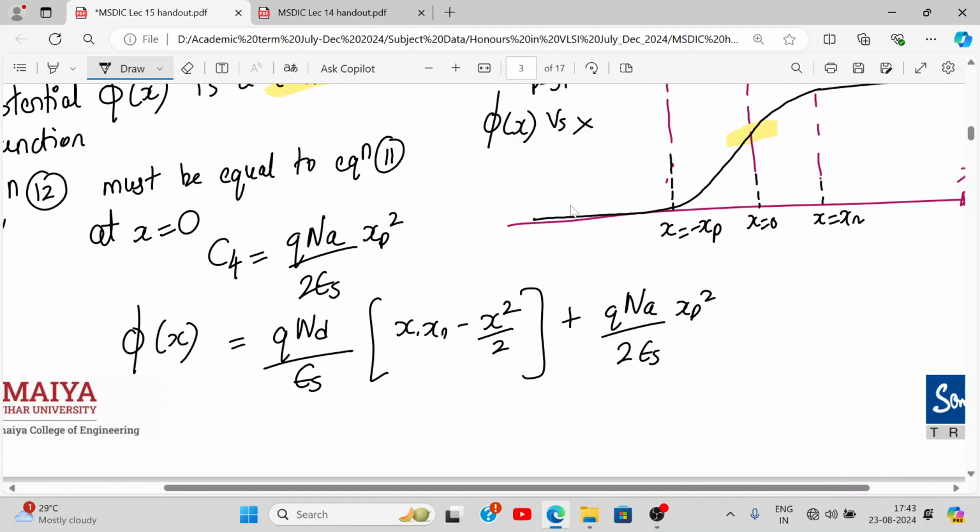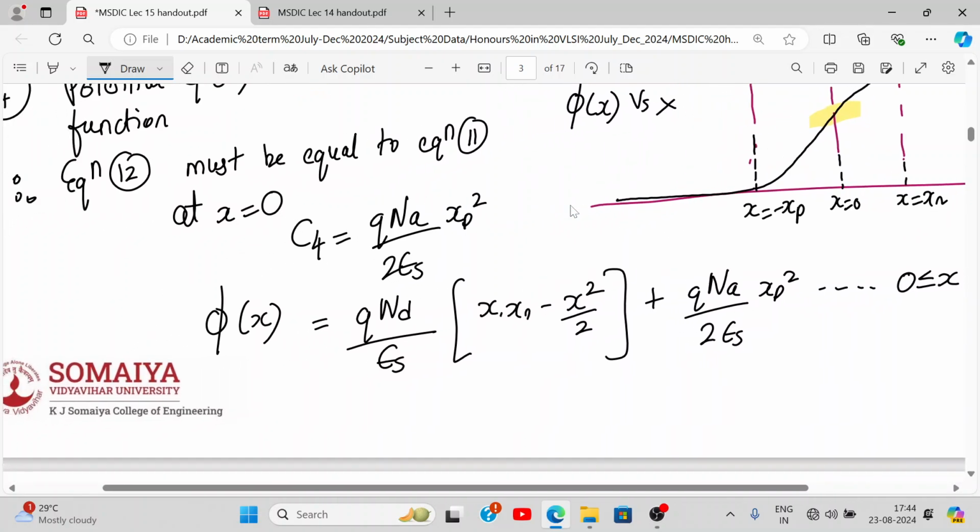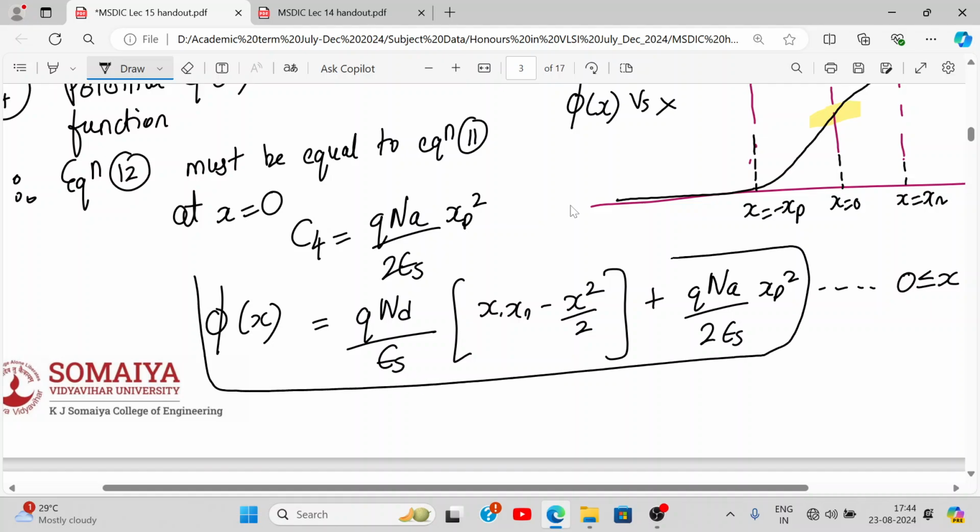This is valid for 0 less than or equal to x less than or equal to xn. So this is valid for this region. We call it equation number 13.